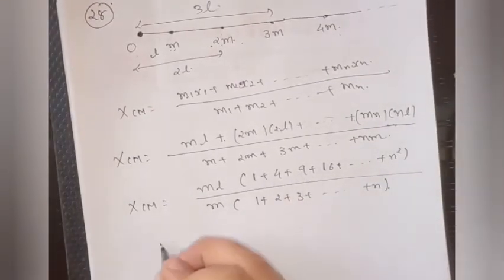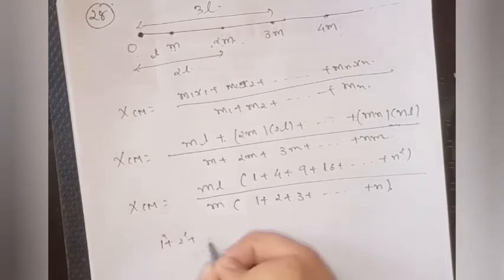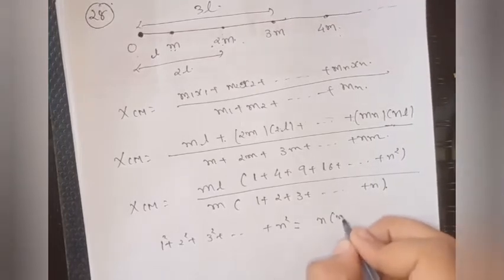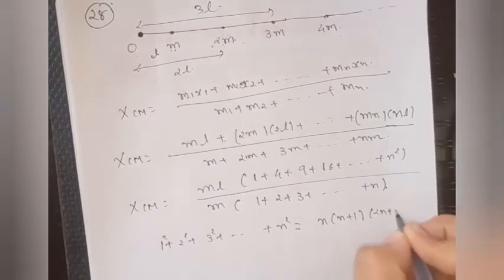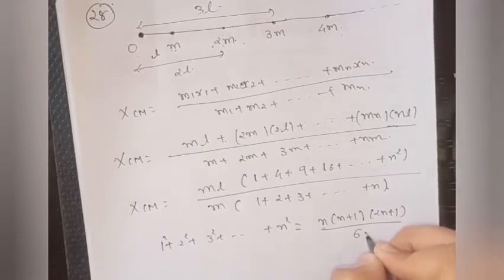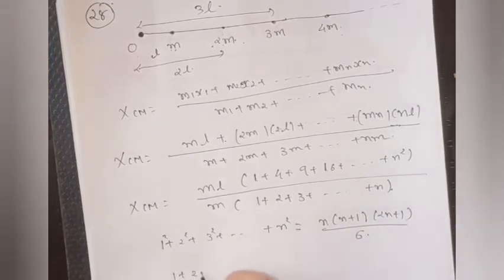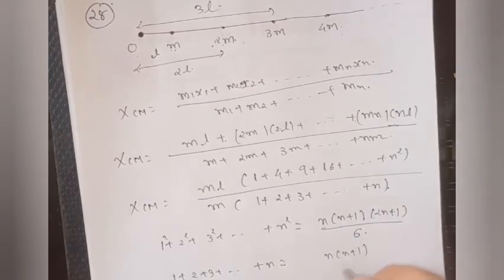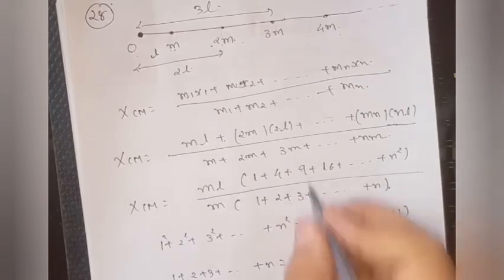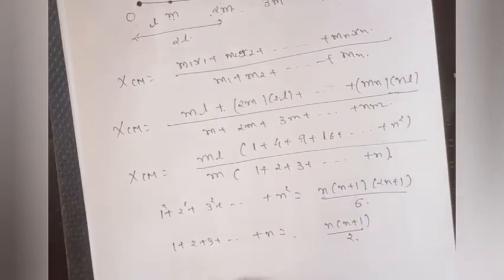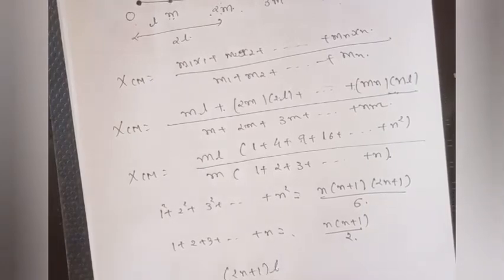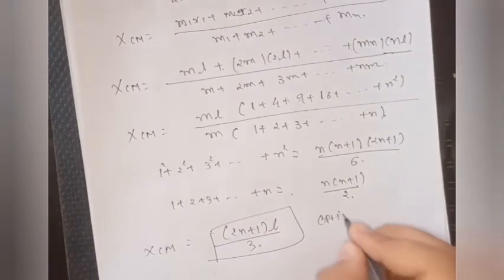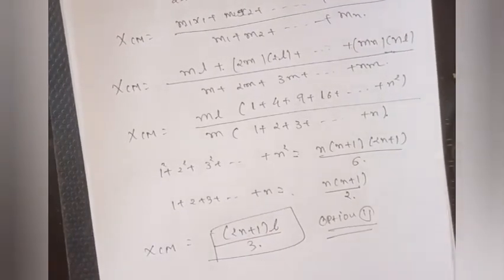Now this is the square series, 1 square + 2 square + 3 square up to n square equals n(n + 1)(2n + 1) divided by 6. And for this, 1 + 2 + 3 up to n equals n(n + 1) divided by 2. Put these values in this equation, we'll get xcm equals (2n + 1)L divided by 3. So option 1 is correct option.